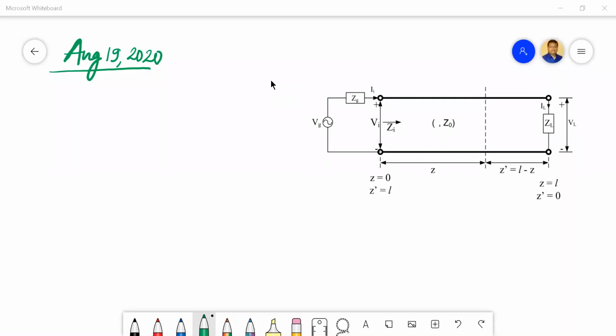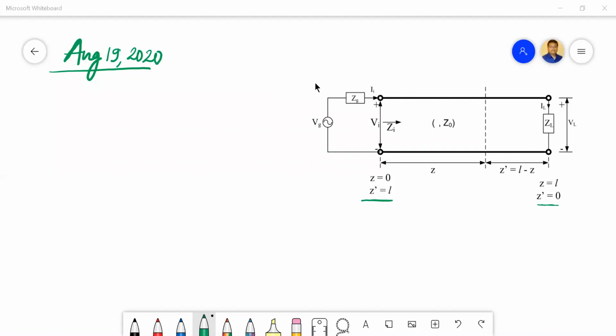A different notation we also saw is if one wants to start from the load. In that case we put z dash equal to 0 at the load side, and z dash equal to L at the source side.